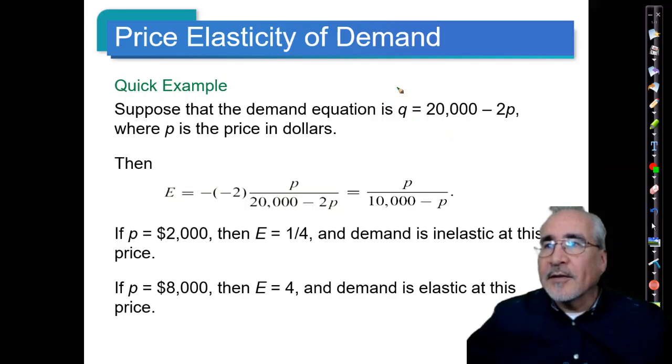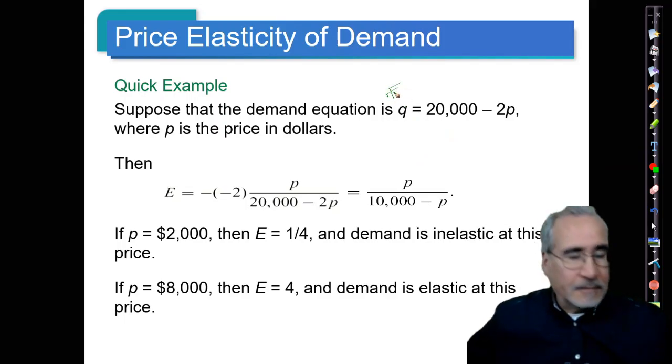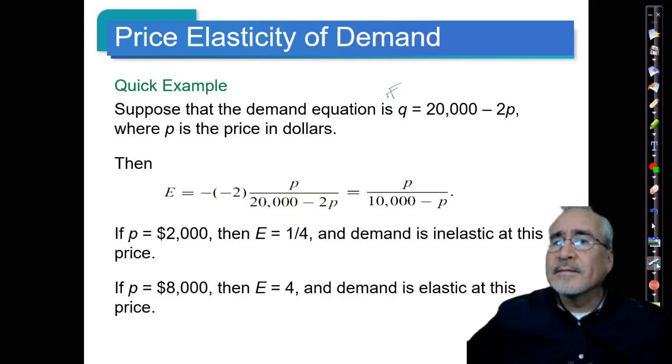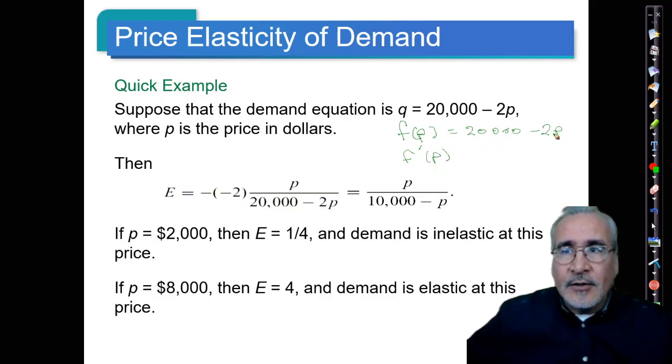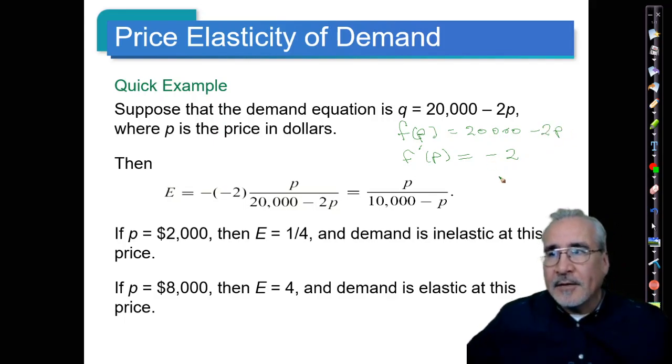Remember, f of P is 20,000 minus 2P. While we're at it, you know we're going to need the derivative of this function, and that is just going to be, this is 0, the derivative of negative 2P is negative 2.